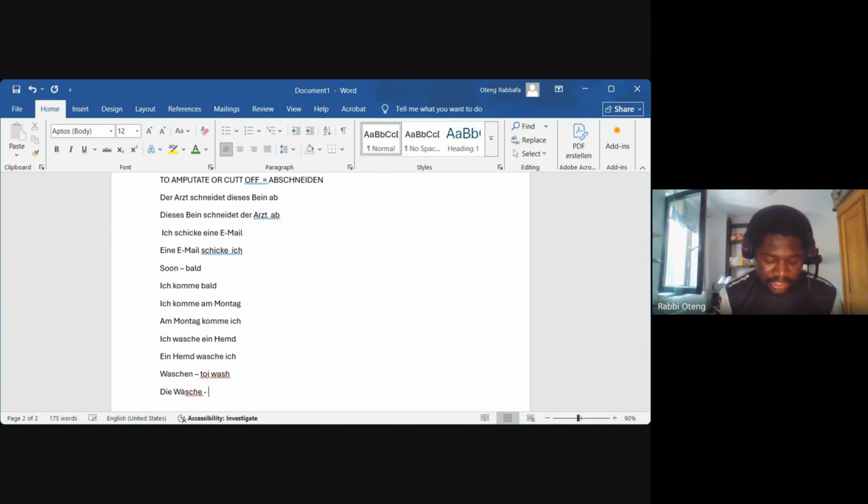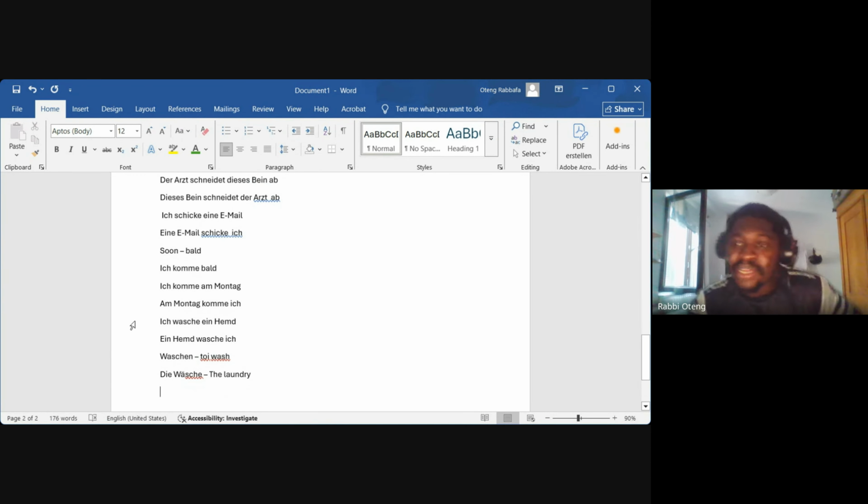So the word means laundry. You can form nouns from these verbs. You can form nouns from verbs, so you can try.